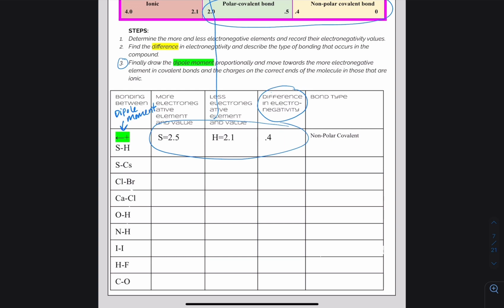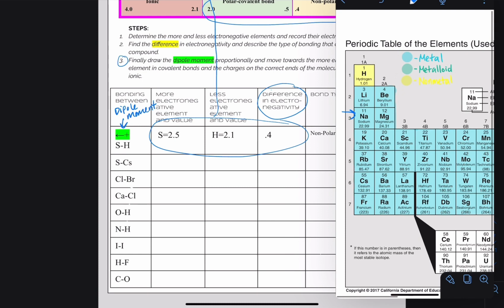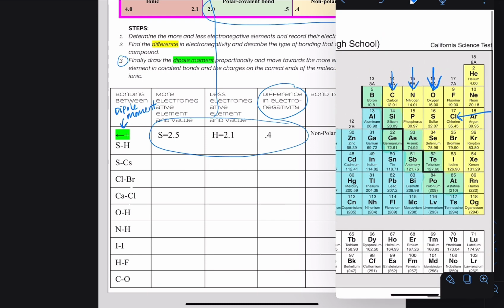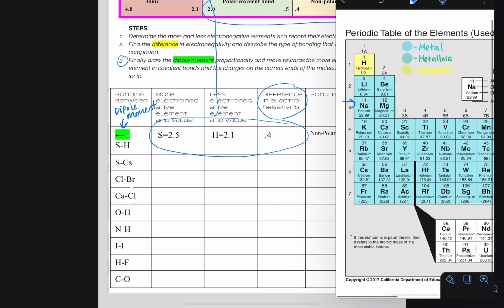What you're going to be doing for this is first, in the bond that you're looking at, you're going to try to figure out which atom is more electronegative. You're going to use your periodic table and figure out where the elements you're looking at are located. So for example, sulfur is right here.